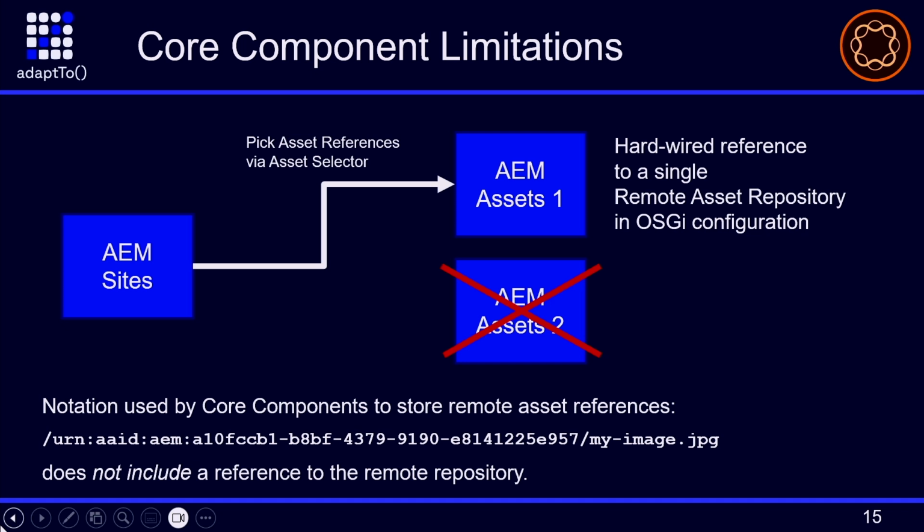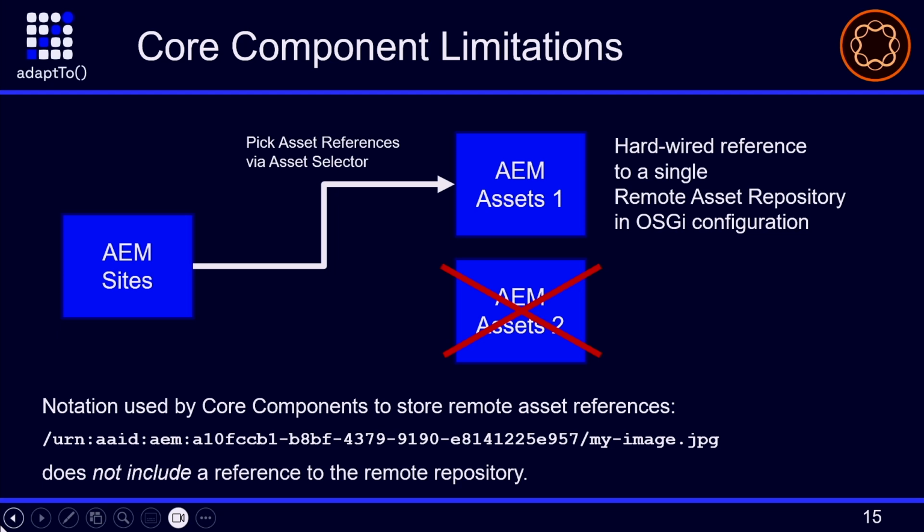But there's another limitation to having multiple asset repositories in the future, because below I've shown the notation that is currently used by core components to store references to remote assets. It's basically a string starting with a special prefix and the UID and then the SEO name for the image.